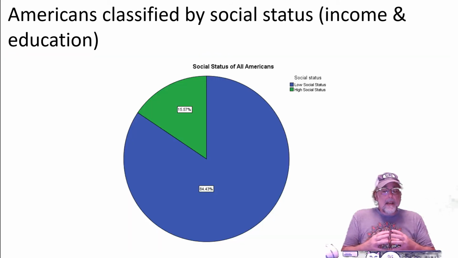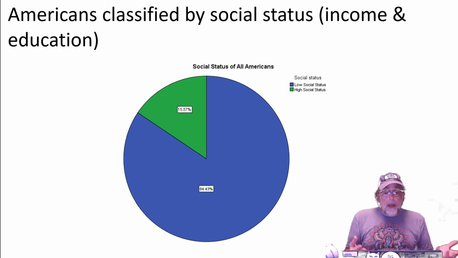First of all, what I did was to classify Americans into two groups by social status, high social status and low social status, by looking at their income and their education. When you break it down this way, you see that about 85% of the American public falls into that low social status category. And about 15 to 16% fall into that high social status group.